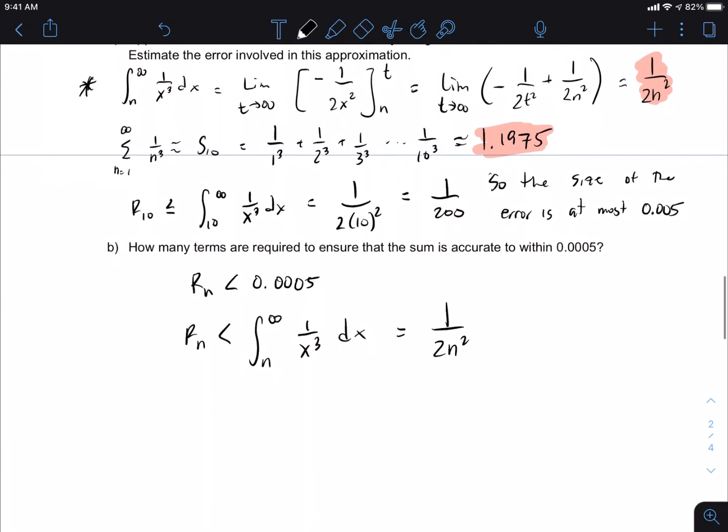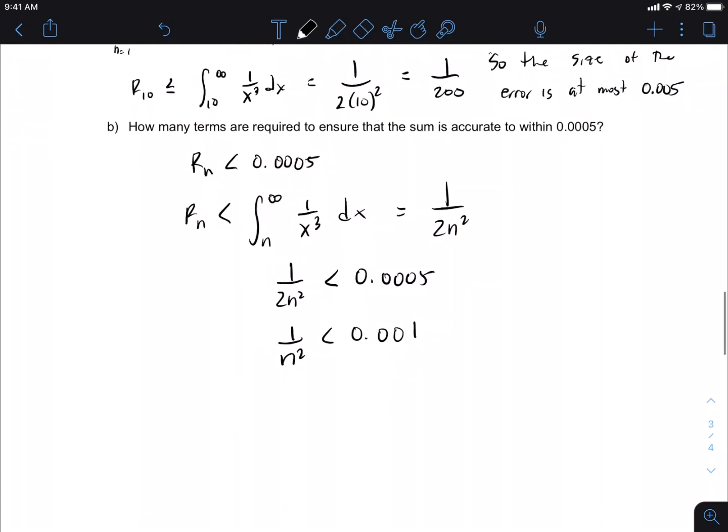And so then from here what we're going to say is, okay, then 1 over 2n squared has to be less than 0.0005. If I multiply by 2, I'm going to get 0.001. And then I'm going to go 1 divided by 0.001 is less than n squared.